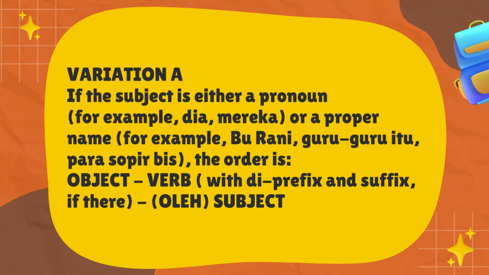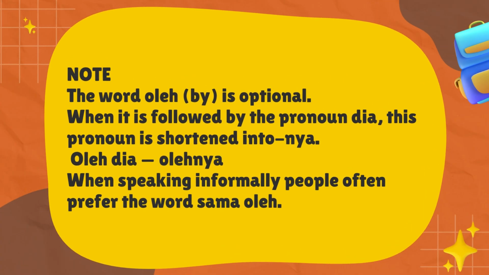Variation A. If the subject is either a pronoun, for example, dia, mereka, or a proper name, for example, Bu Rani, guru-guru itu, para sopir bis, the order is object, verb with di- prefix and suffix if there, oleh, subject. Note: the word oleh is optional. When it is followed by the pronoun dia, this pronoun is shortened into nya. Oleh dia, olehnya.